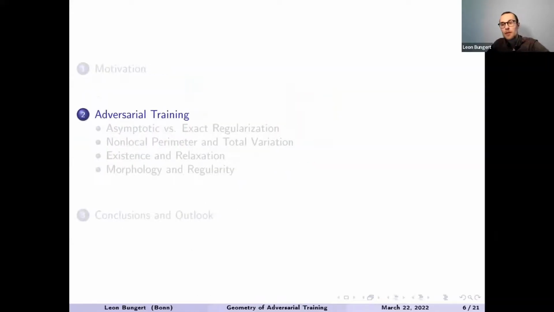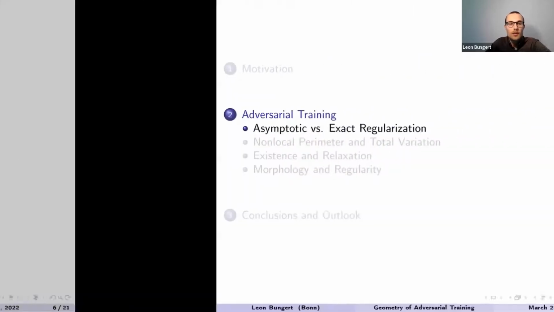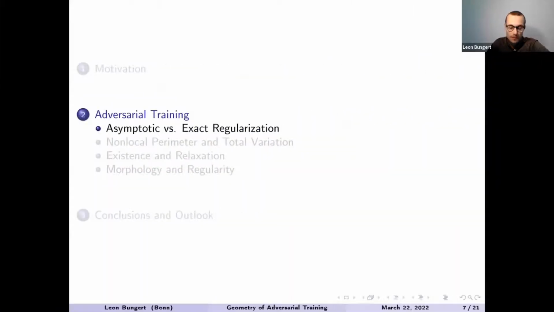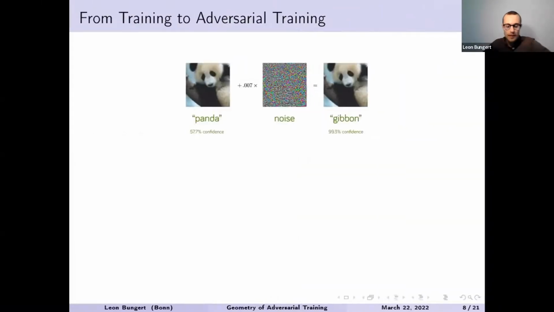Okay, so let me now recap what adversarial training is. Let's first look at how to derive adversarial training, and the idea is basically very easy.